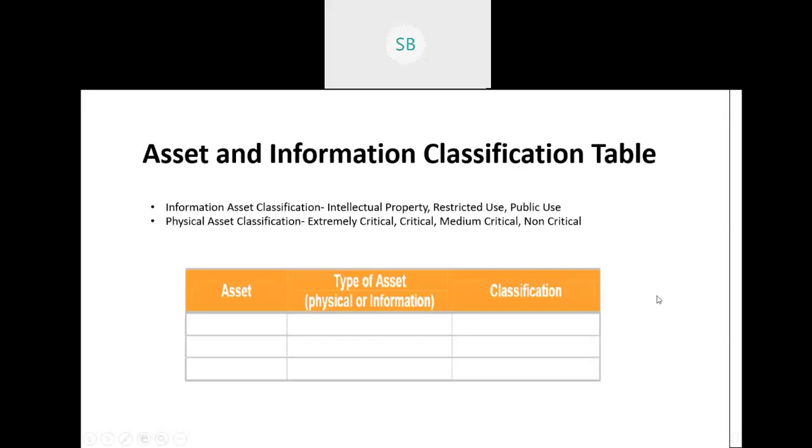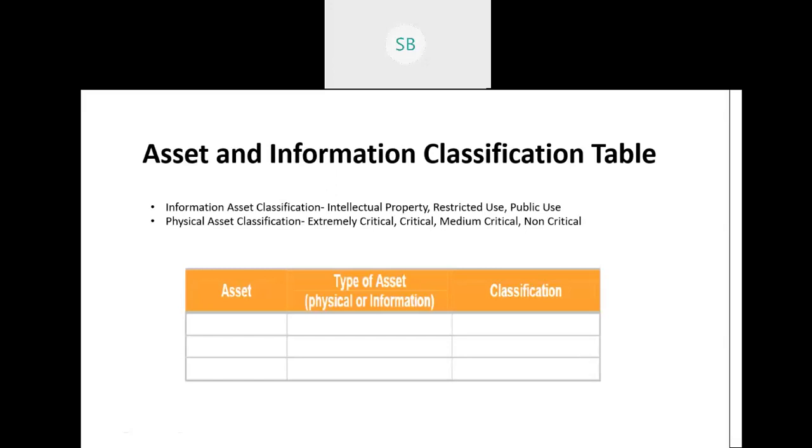All right. So moving to some kinds of risk assessment templates, we have these. So first is the asset and information classification table. I told you, right, this asset can be divided into two types. So you have two types of assets: information asset classification and physical asset classification.